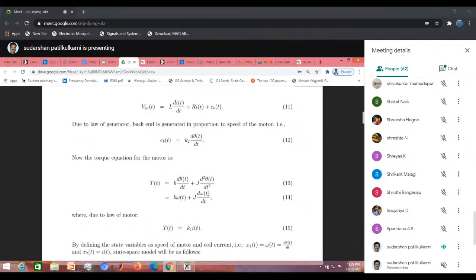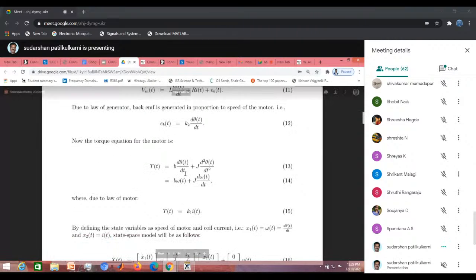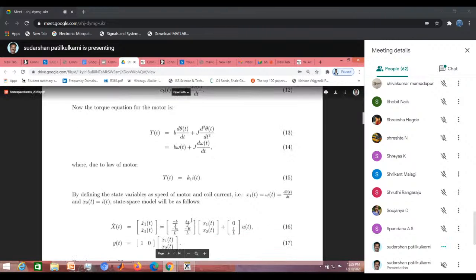So define x1 of t as theta of t, x2 of t as d theta by dt, and x3 of t as armature current. And you rewrite the state space model. You get a third order state space model.